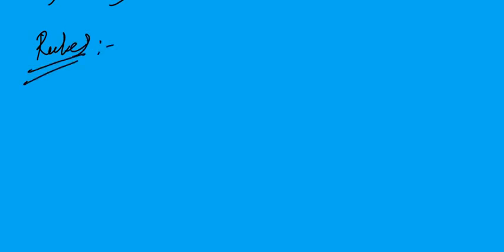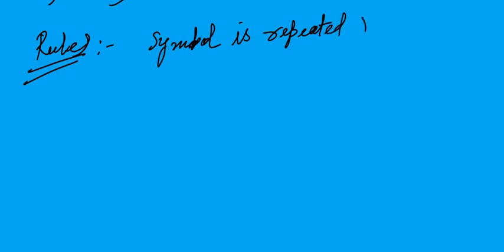So see, first rule is, for Roman numerals we are having so many rules. First rule is, if a symbol is repeated, its value is added as many times as it occurs. That means if I will write I, then it will be 1.